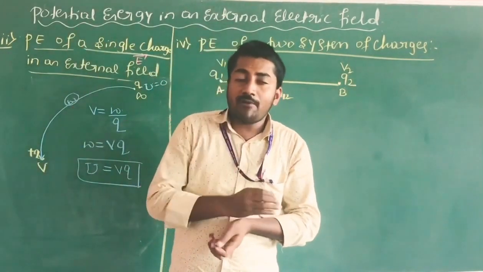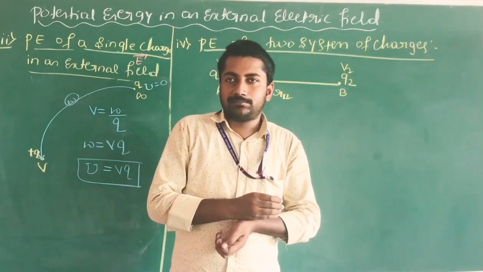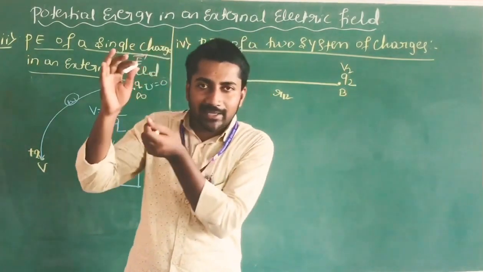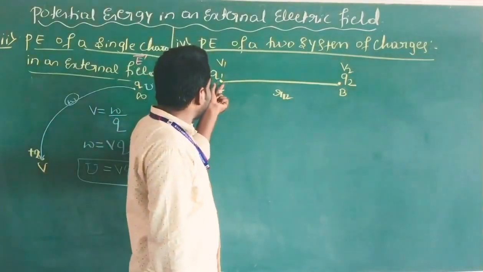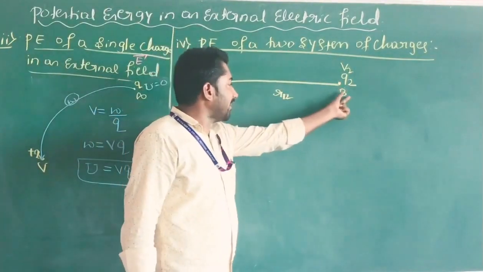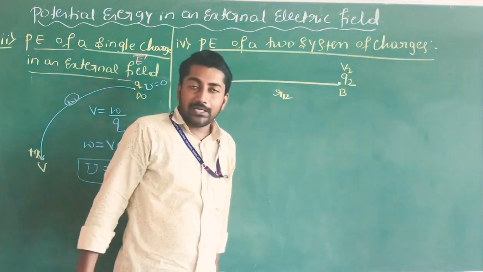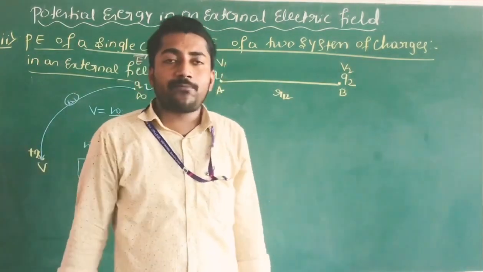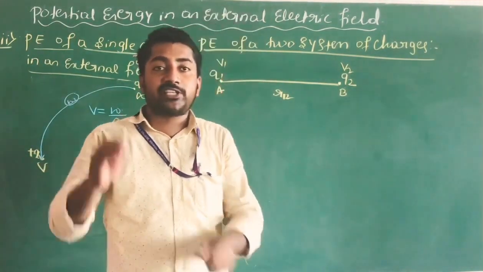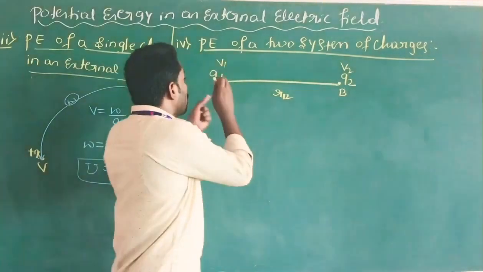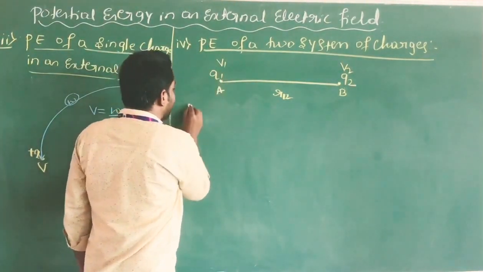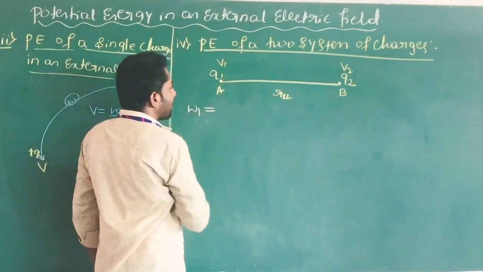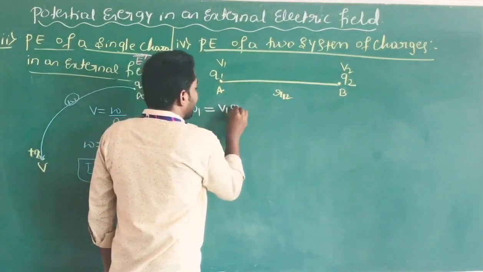Now, the amount of work done to move the charges Q1 and Q2 from infinity to the electric potentials V1 and V2 at points A and B. In the first case, the amount of work done in bringing a charge Q1 from infinity to where the electric potential V1 is present, against the direction of electric field, is W1 is equal to V1 into Q1.